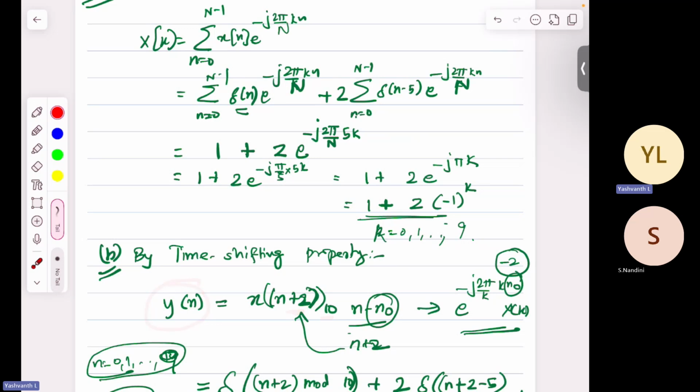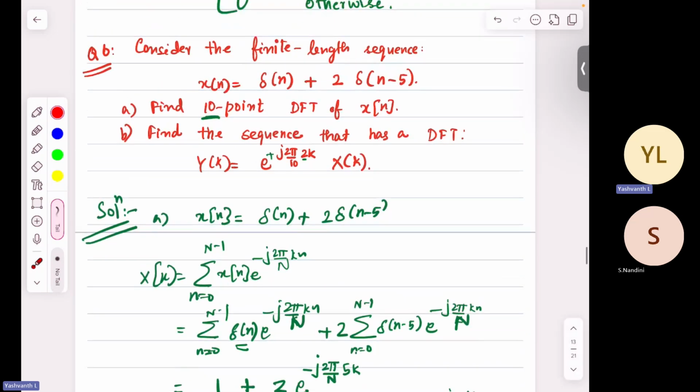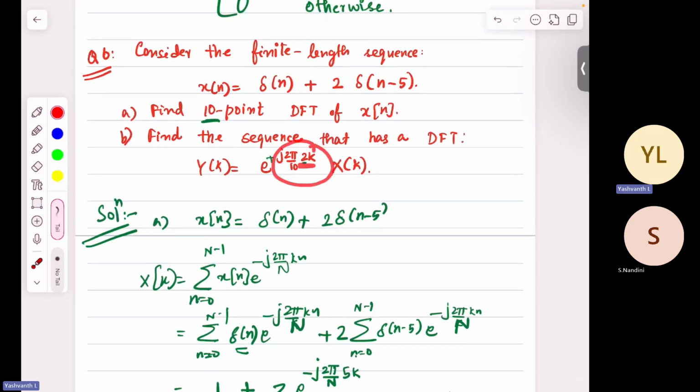Why? Because if I do x of n minus n naught, then in your frequency domain it gets multiplied by e power minus j 2 pi by N into k n naught. Now you see n naught should be minus 2. Only then the minus here and the minus here will cancel with each other and you will get plus j 2 pi by 10 into 2k.